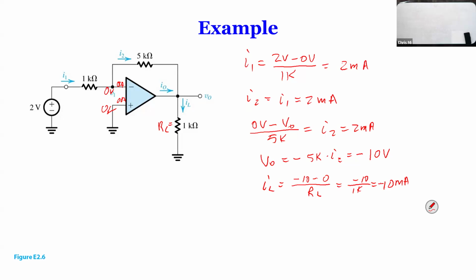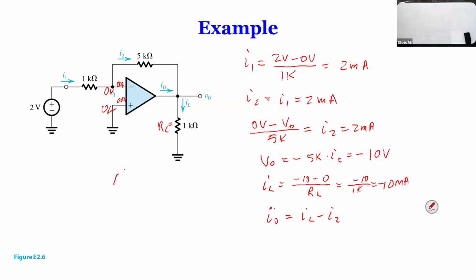So one more step. We want to find IO. How much is IO? IO equal to IL minus I2, correct? Right. So if you have trouble writing it, you can always write a node equation on that node. You have I2 coming in, IO coming in, and IL coming out, right?